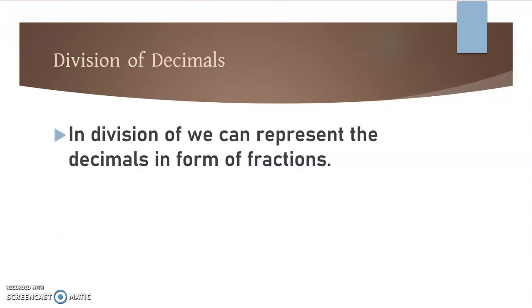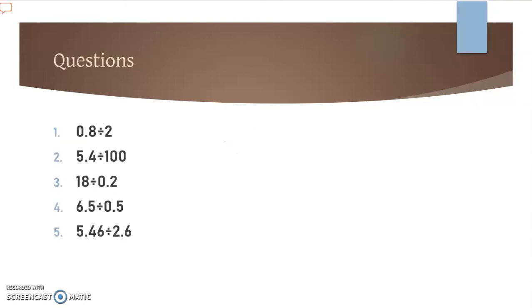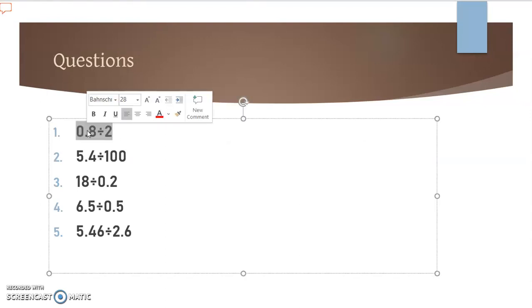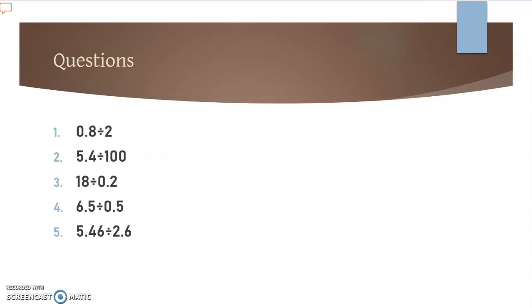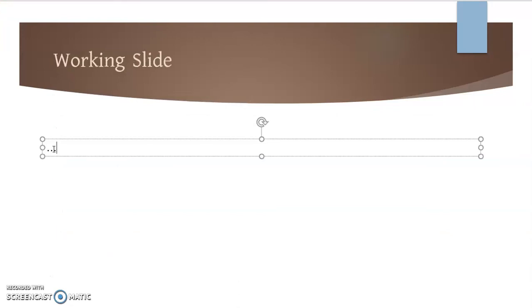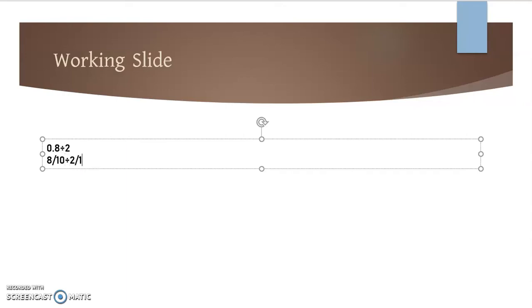Next topic, division of decimals. We can represent decimals in the form of fractions as well, so let's do a few questions now. 0.8 divided by 2. Okay, this is the first question. 0.8 can be represented as 8 by 10 divided by 2 by 1.